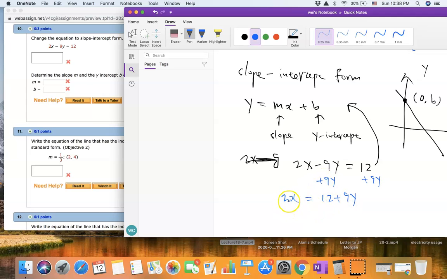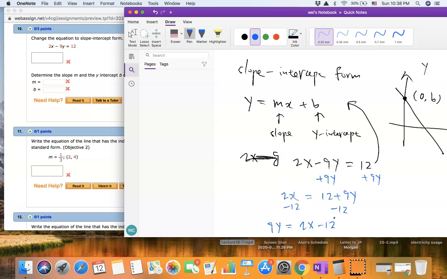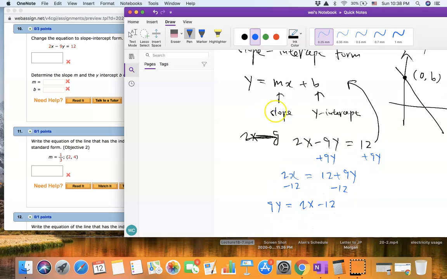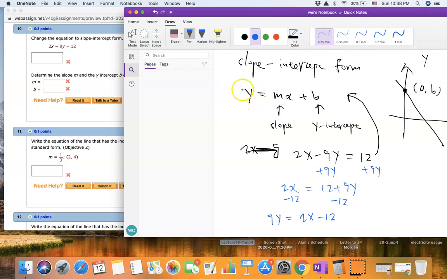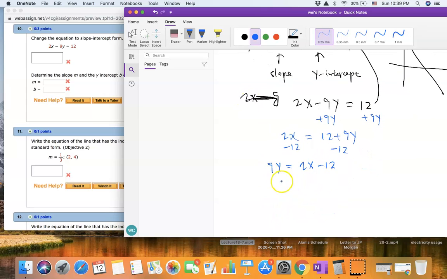We write the equation this way: 2x equals 12 plus 9y, but we're not finished yet. Then we subtract 12, so we can take this number 12 to the other side. So we have 9y equals 2x minus 12. The last thing is we are going to eliminate the coefficient of y, and to do this, we can divide by 9.